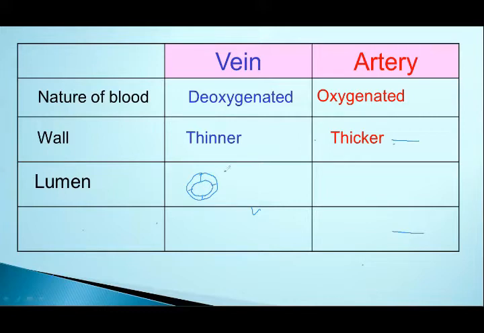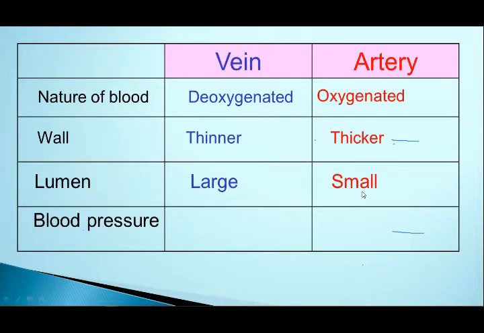And what should this act as? This is actually your lumen. So let's understand whose lumen is wider and whose is more narrow. For this, let's quickly look into this. Now, they have a large lumen and they have a small lumen, right?